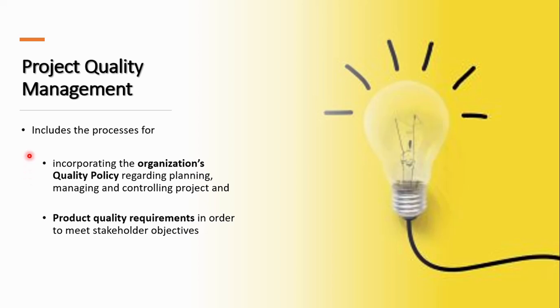So one aspect is how to incorporate those organizational quality policies into your project when you're delivering your project deliverables, and also how to include the product quality requirements of the various stakeholders in order to meet their objectives successfully.